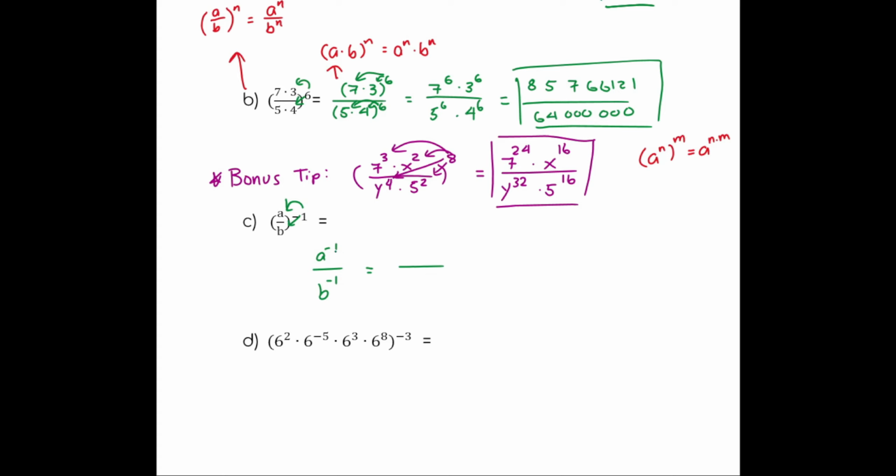I'm going to bring it from the top to the bottom. That minus 1 is going to change to a positive 1. Now in the bottom, I have another negative exponent. I don't like that negative exponent, so I'm going to bring it from the bottom up to the top. That negative becomes positive. Anything to the power of 1 is just itself, so we get b over a, okay?